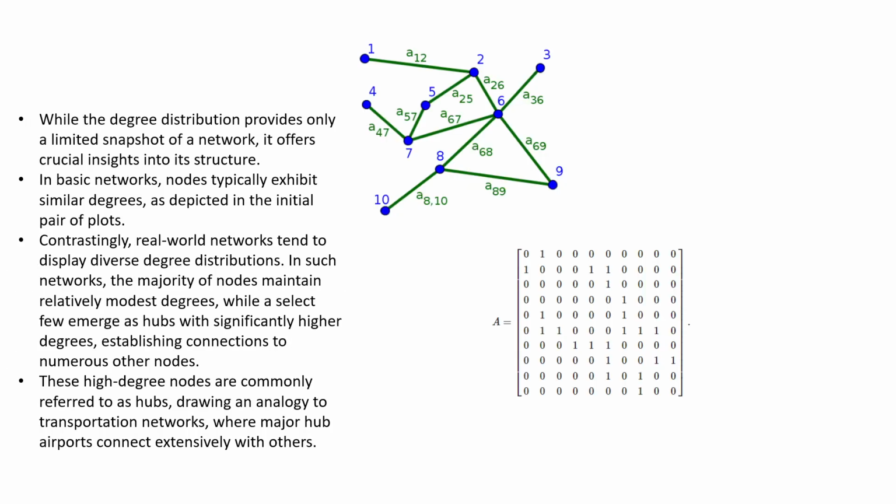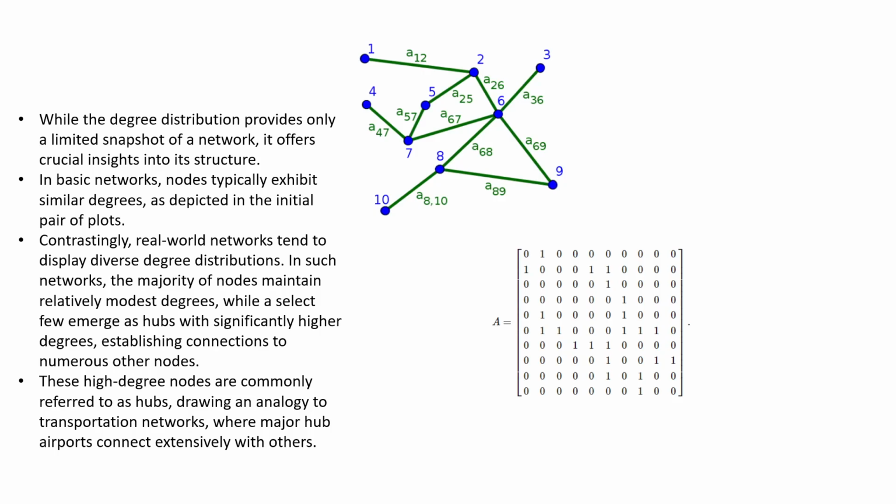Okay. So next, from the degree distribution alone you can get a limited snapshot of the network. You can look at it and get an idea of whether the network is sparse in one part and dense in another, or dense throughout.